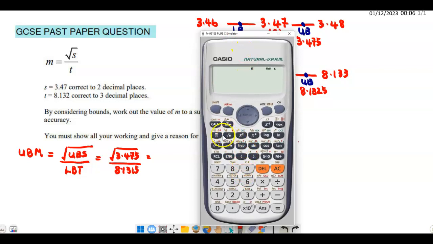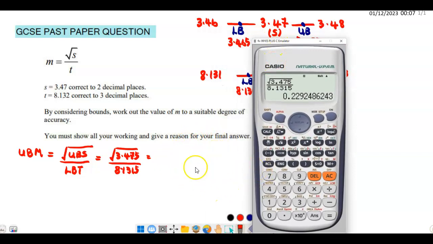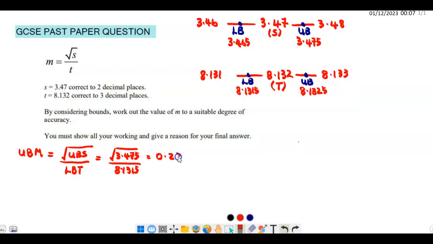So we have the root of 3.475 over 8.1315, so we get 0.2292 and so on, right?